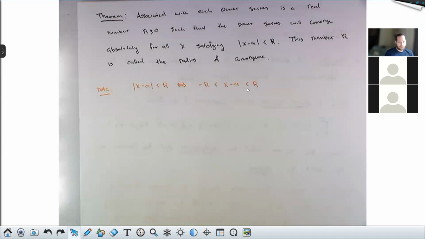And this sort of unpacking rule we will be using later in this section and all the remaining sections in chapter 11. I want to understand the x values we're talking about here. So I'm going to get x alone in the middle by adding a everywhere.